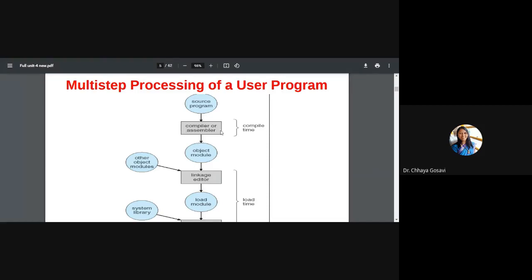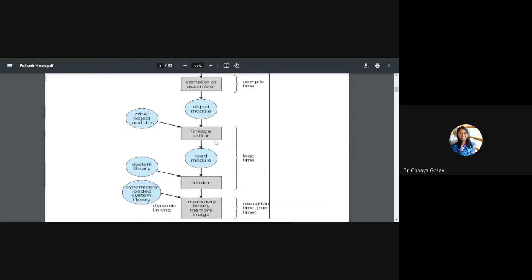Then we have the compiler, the javac compiler, which compiles it and converts it to a class file, which is called an object module. In the case of a .c file, Turbo C or the GCC compiler converts your C file to an obj file, which is called an object module. Then we have the linker, which links with other object modules, which we used from a library. In C, we include stdio.h, so we use printf and scanf code which are in a library file.